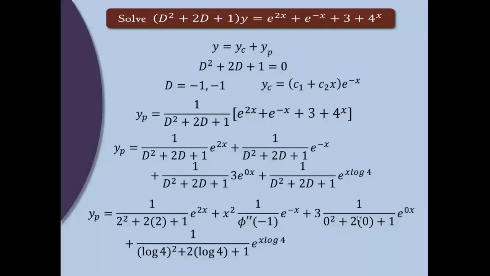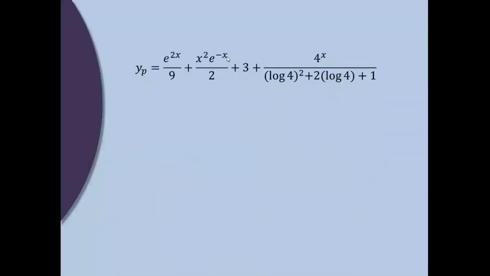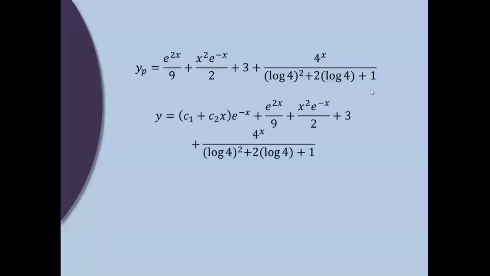Already we have calculated that. Put that value and simplify this. So yp becomes e raised to 2x by 9, plus x square e raised to minus x by 2, plus 3 plus 4 raised to x by (log 4 square plus 2 log 4 plus 1). And add yc plus yp, that gives us the solution.